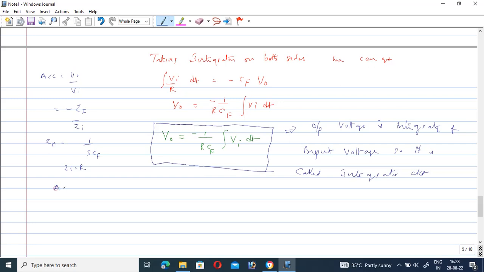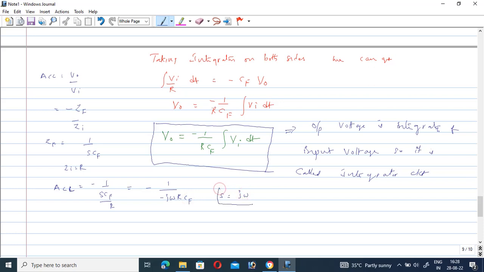Therefore, ACL is equal to 1 by SCF by R. Therefore, it is equal to minus 1 by J omega RCF, where S is equal to J omega.